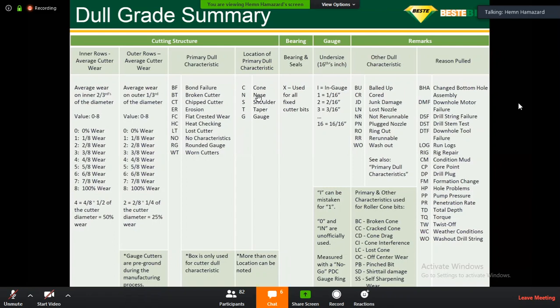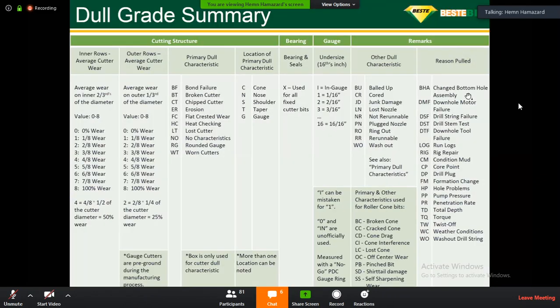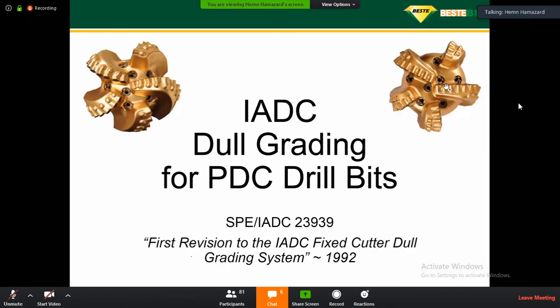And then in the 4th column, you need to know where the damage has happened. That's why I said it's important for you to know the nose, the cone, the gauge, the shoulder, the taper, all the areas of the bit, so you know how to dull grade the bit.